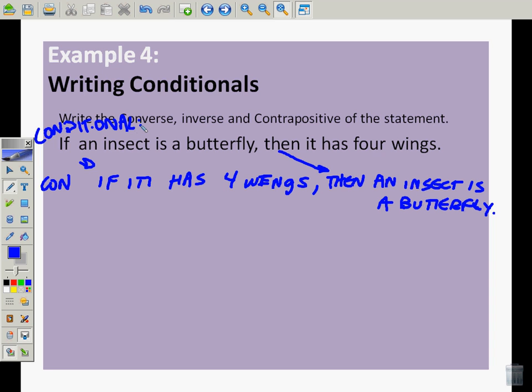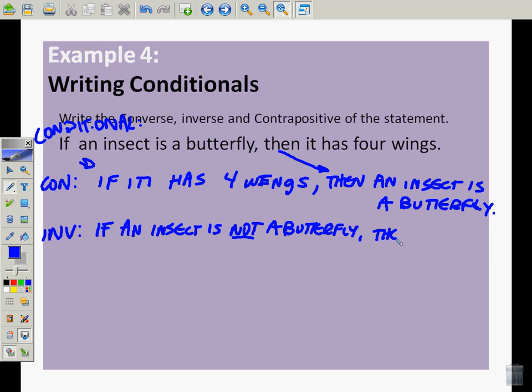So if an insect is not a butterfly, then it does not have 4 wings. Okay, so we're switching and negating on this last one.